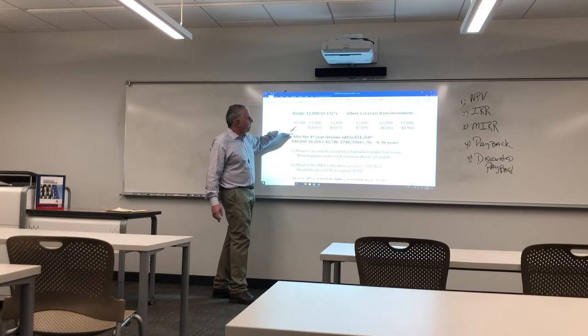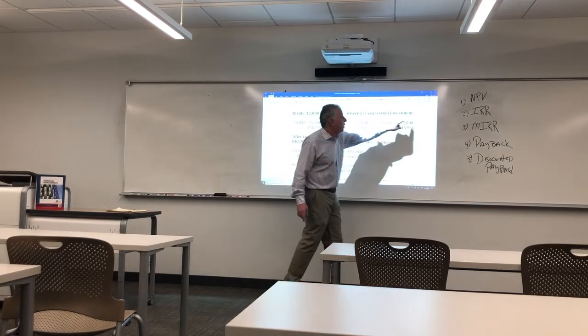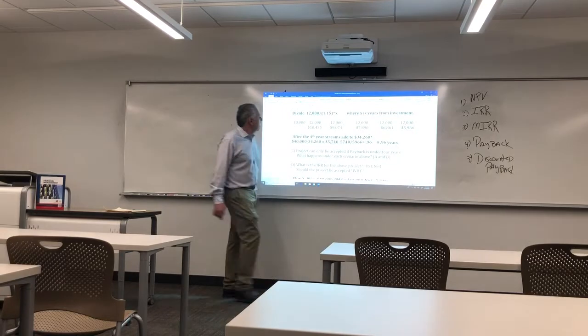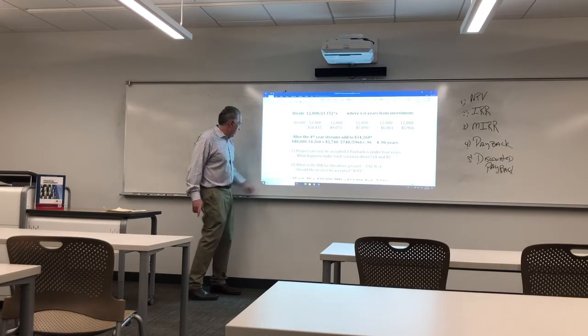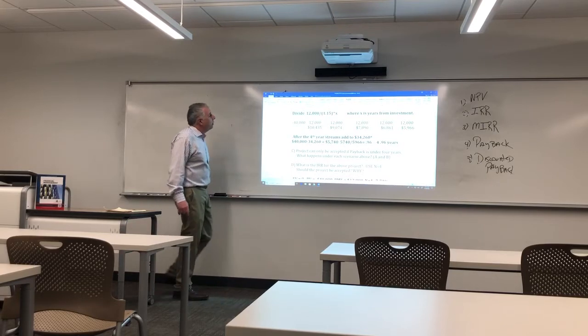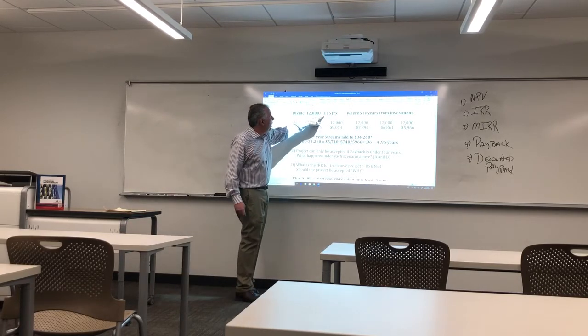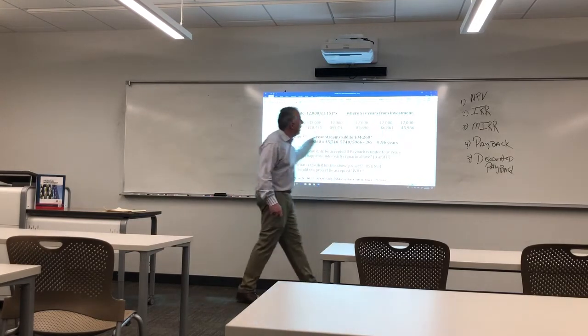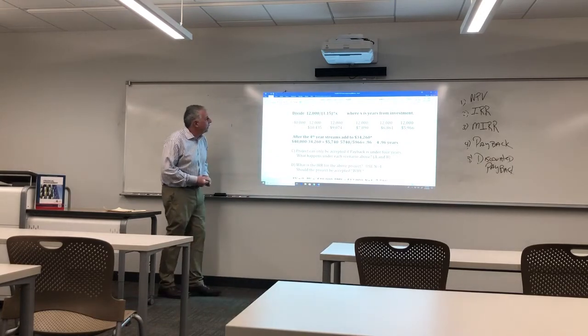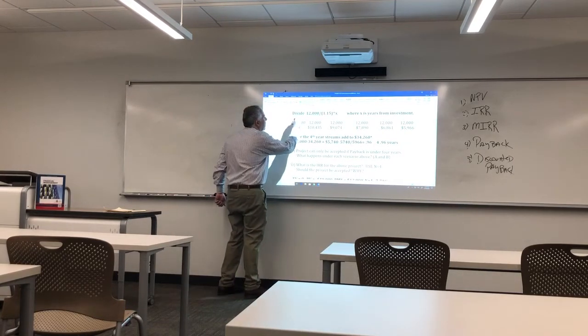We invested 40 grand, we're getting 12 grand per year. 12 grand divided by 1 plus the weighted average cost of capital raised to how many years out on our timeline. Okay, so this is our investment today.